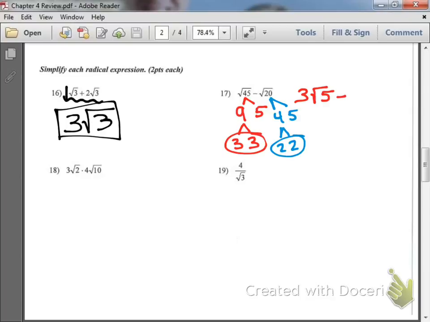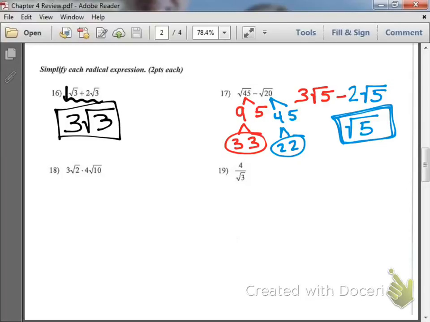So the 2's come out and the 5 stays in. What's 3 square root 5 minus 2 square root 5? 1 square root 5, which is just square root 5. Good. If you put the 1, great. If not, find 2. Any questions on that one?